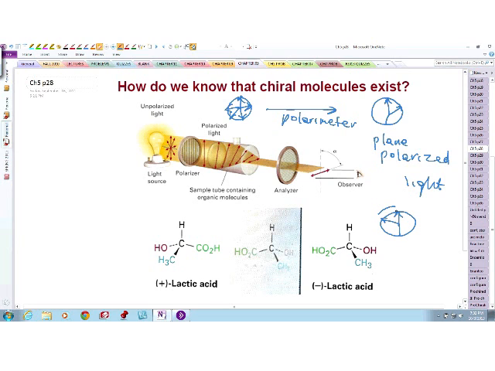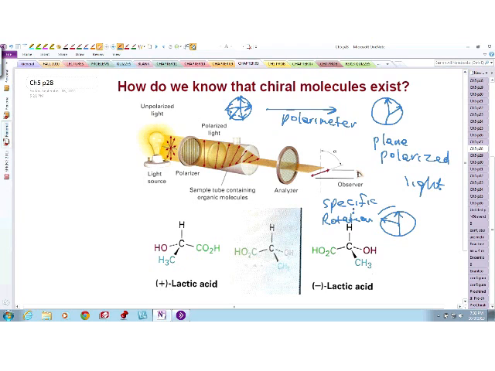The degree or magnitude of the deflection, in terms of how far it moves the light, we refer to as specific rotation. So if a molecule has a specific rotation, we say it is optically active.